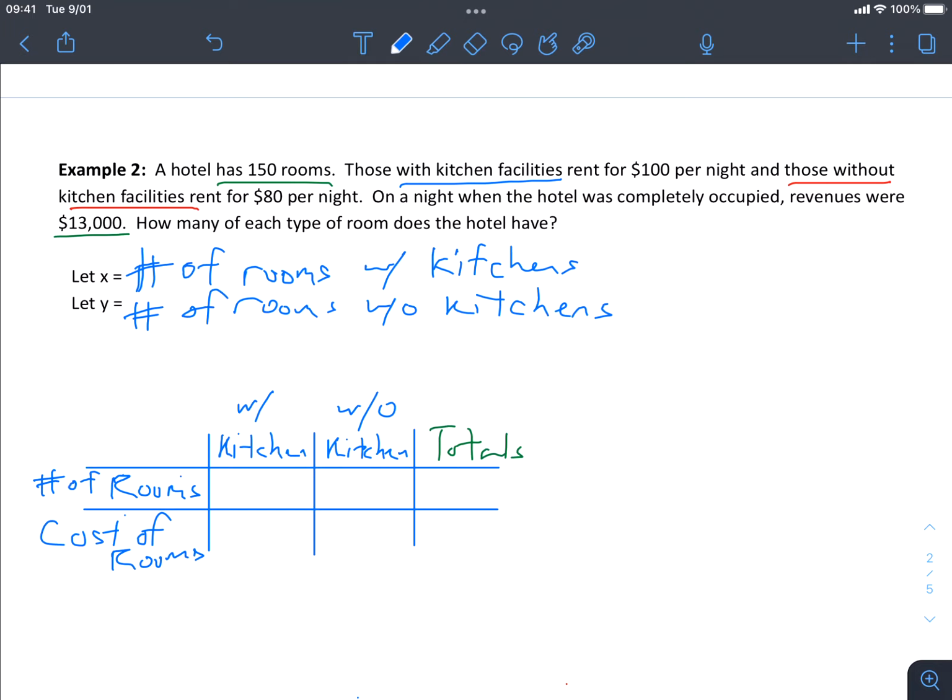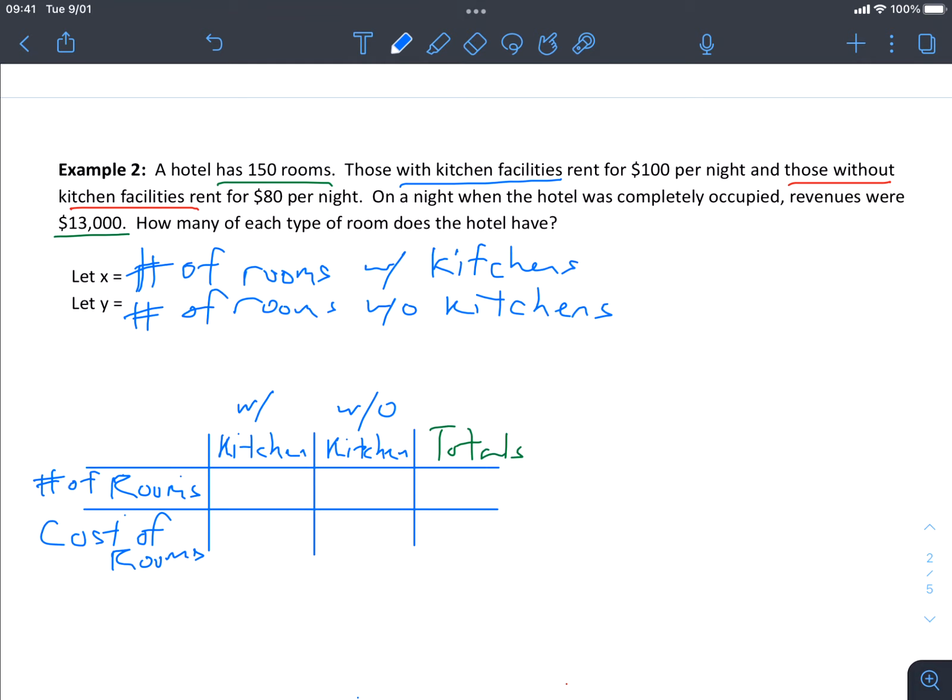So we're asked the types of rooms. So some have kitchens, some don't. So if I said X is the number of rooms with kitchens, and Y is the number of rooms without kitchens. So we're given two bits of information. We're given two totals.